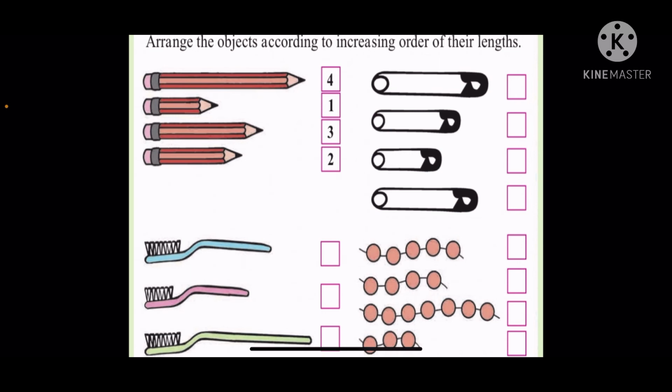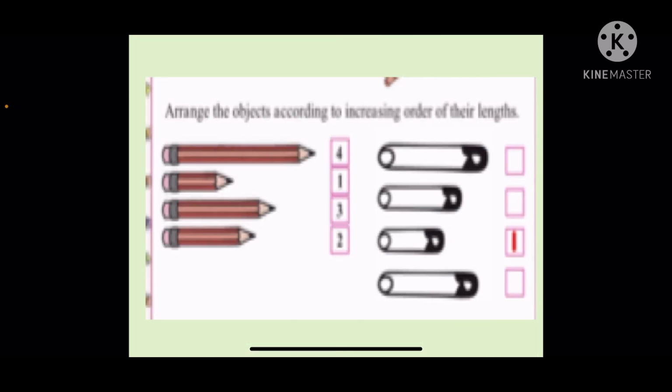So let's move on to the next question, that is of pins. Now we have to search for the smallest pin as we have asked for increasing order of their length. So we will start with smallest to the biggest. So children, the smallest pin is the third pin, right? So we will put number 1.